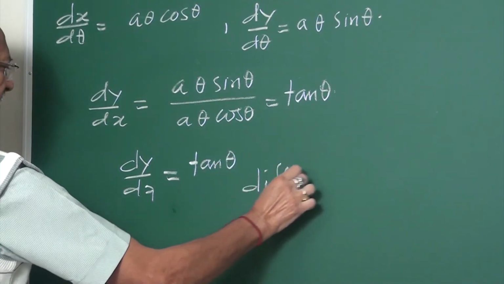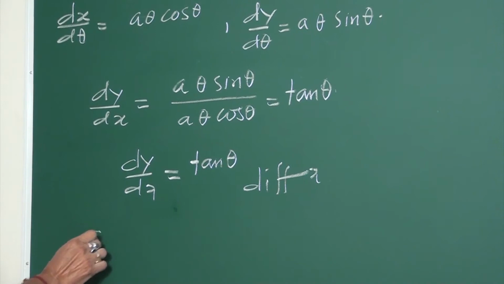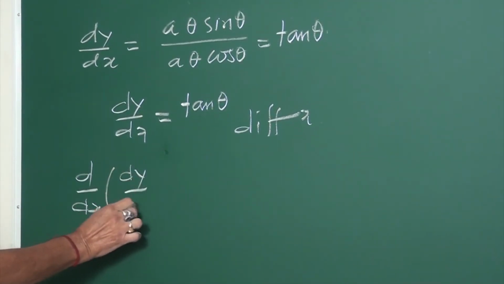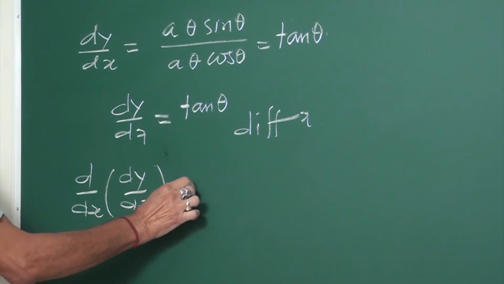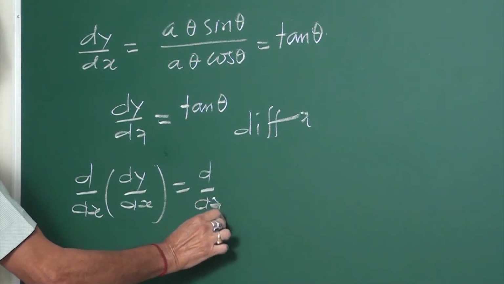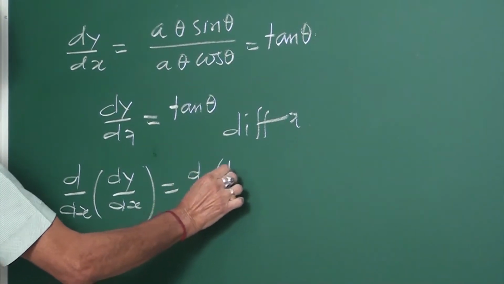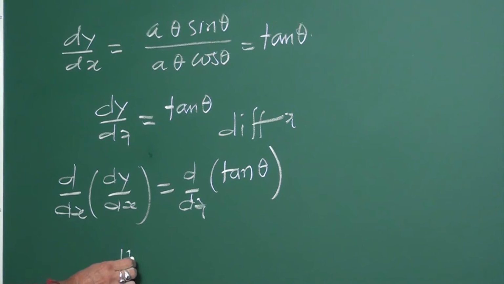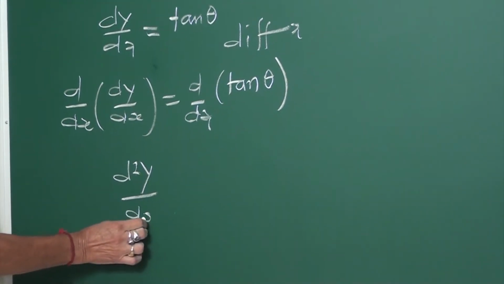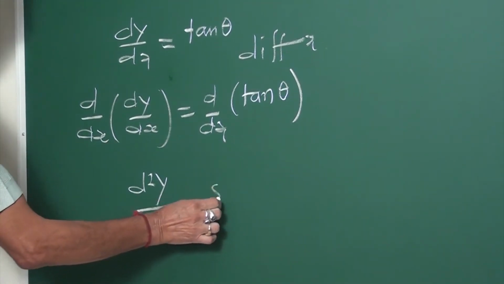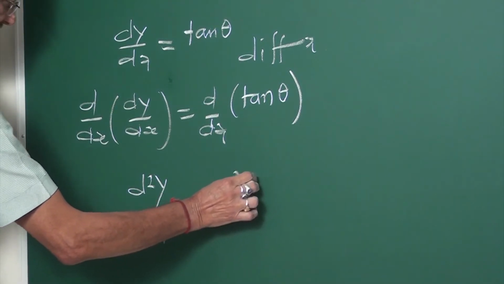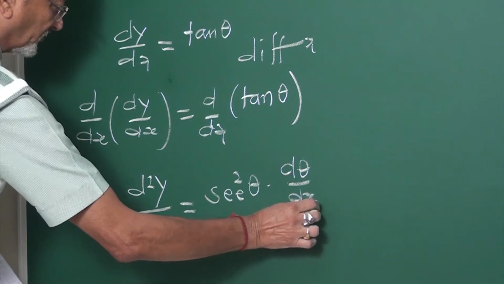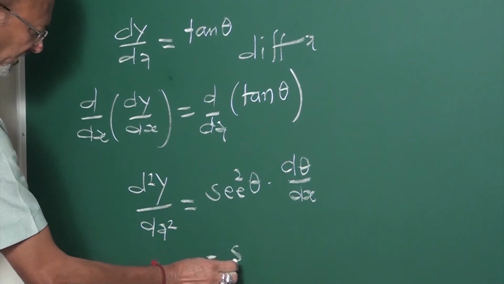Differentiate with respect to x. Yes, right. It is a supportive step. D by dx of dy by dx equal to d by dx of tan theta. This is the second derivative, equal to the derivative with respect to theta, into d theta by dx. Substitute the values: sec squared theta.